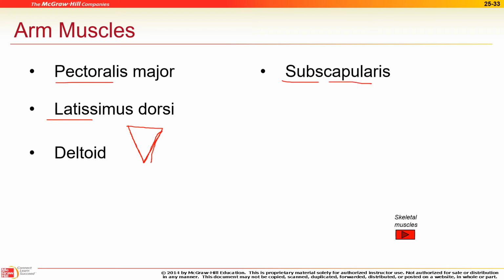Subscapularis. Point to your scapula. What's your scapula? Looks like a spatula. That's your shoulder blade, right? So the muscle below it on the underside, subscapularis. Infraspinous. So that's going to be below the spine.